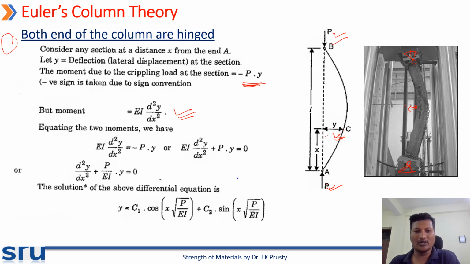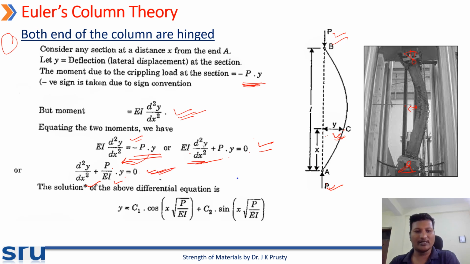Equating these two moments, EI d square y by dx square is equal to minus P y. Bringing it to the left side, EI d square y by dx square plus P into y is equal to 0. Dividing by EI, d square y by dx square plus P by EI into y is equal to 0. This is a second order differential equation.